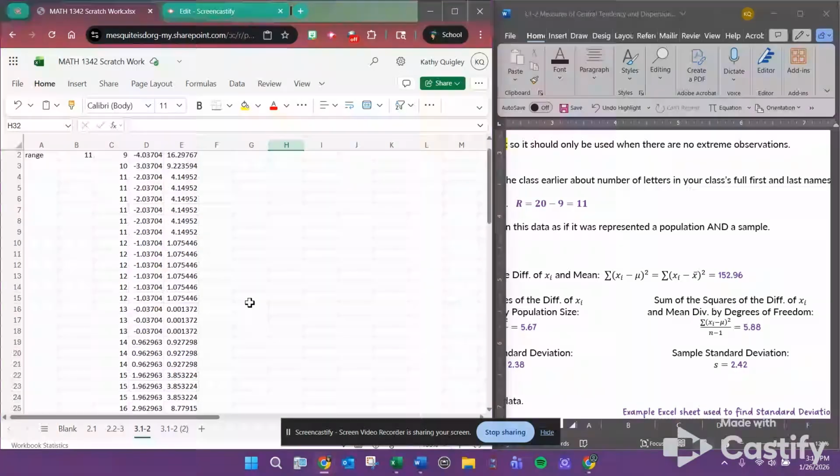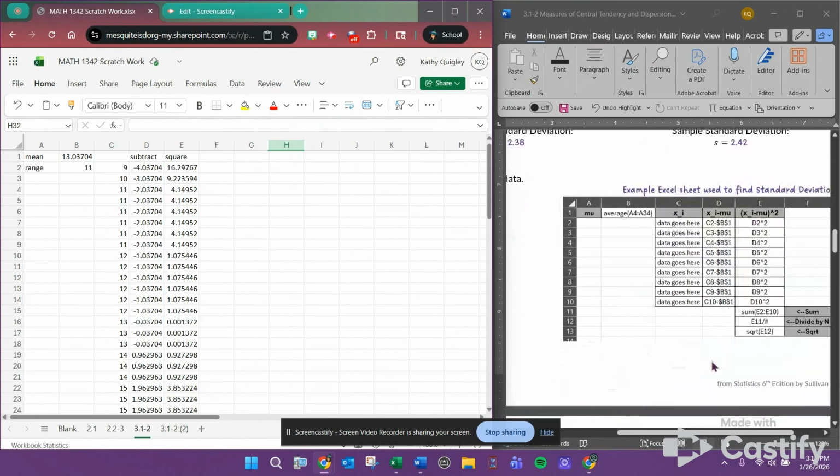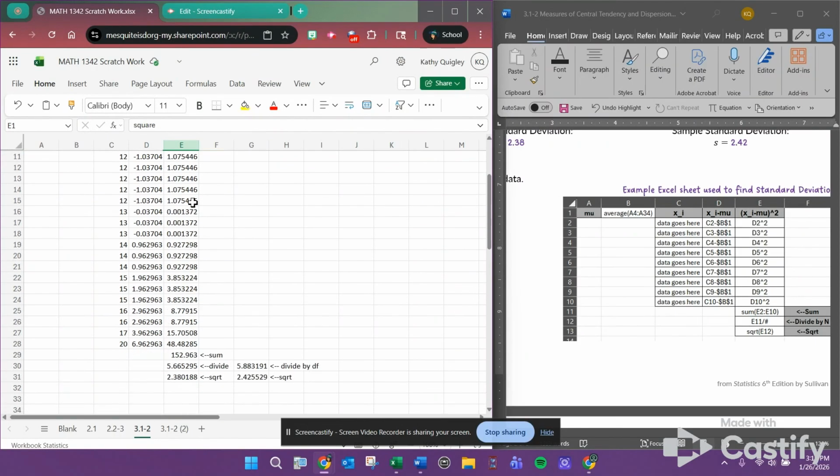So again, to summarize, and it's all here in this picture, I did the average, the mean. I have all of my data. I have the subtraction step, observation minus x bar or mu. I square all of those terms. Then I add up all of the squared terms. Then I divide that sum by either population size for population or by degrees of freedom, which is sample size minus 1.